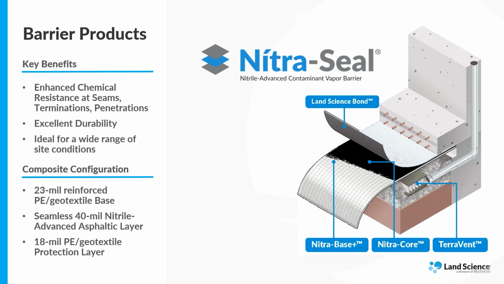This layer also creates a highly effective seal around slab penetrations and eliminates the need for mechanical fastening at termination points. The final component is our Land Science bond layer that provides additional protection before the concrete is poured.